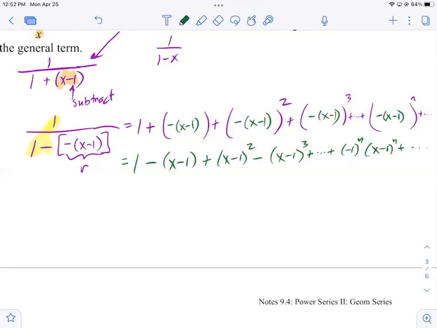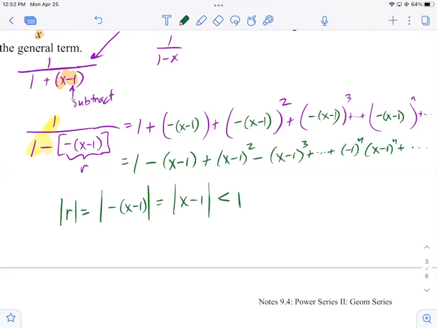And now for the interval of convergence. I know that the absolute value of r, which is the absolute value of negative x minus 1, which is the same as the absolute value of x minus 1 because I can get rid of that negative essentially, has to be less than 1.